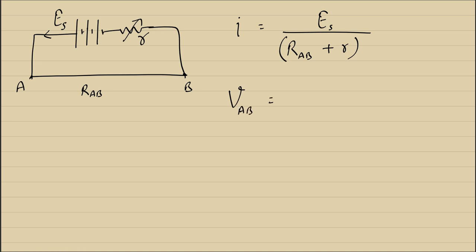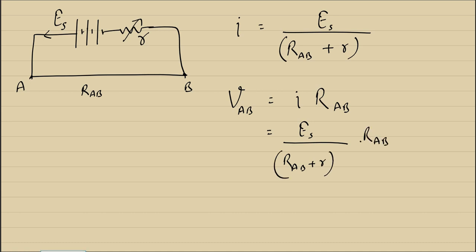We can write this using Ohm's law, I into resistance RAB. I we have already calculated. We can write E_s upon RAB plus small r, into RAB. Now this is the potential difference across the wire AB of the potentiometer only.